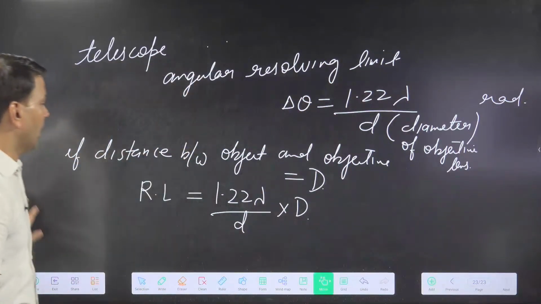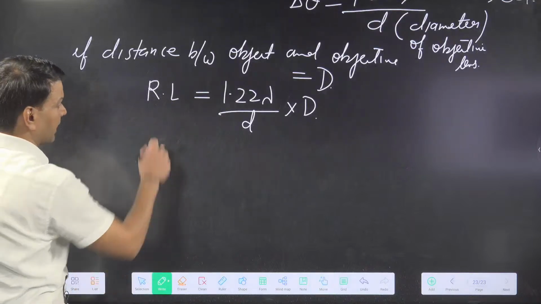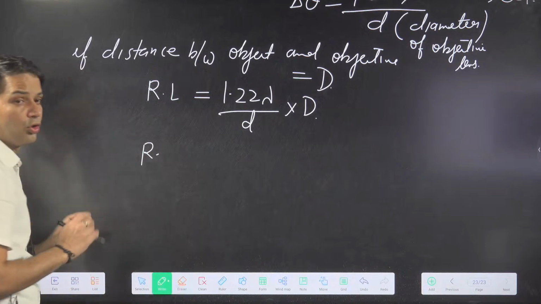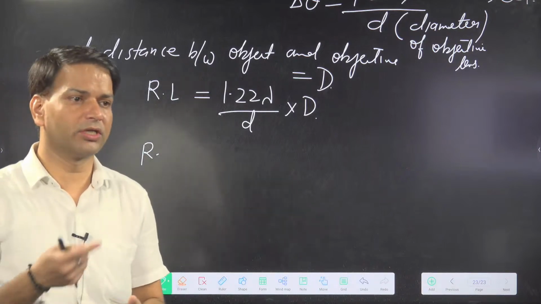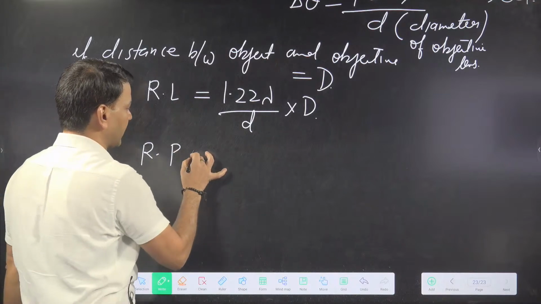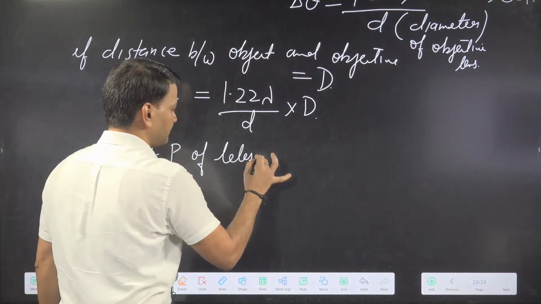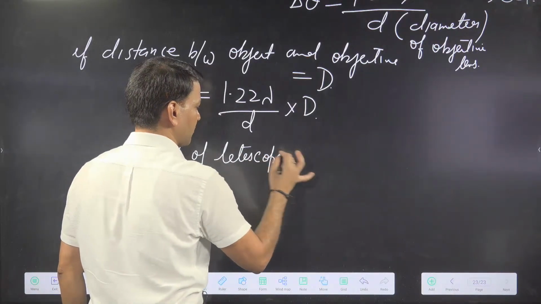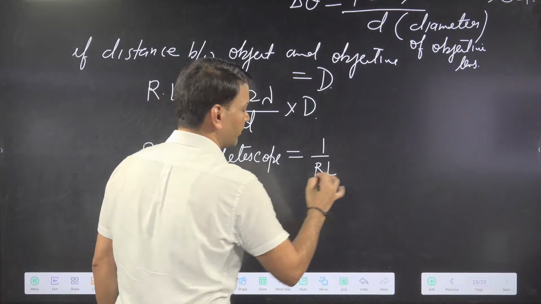Okay, then resolving power, directly we will say what? If you know the linear resolving limit, then resolving power is directly the reciprocal of that. So the resolving power of the telescope is one upon the resolving limit.